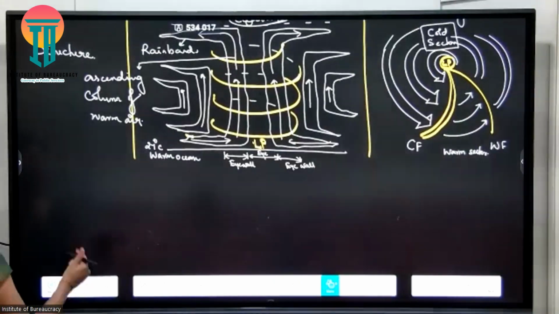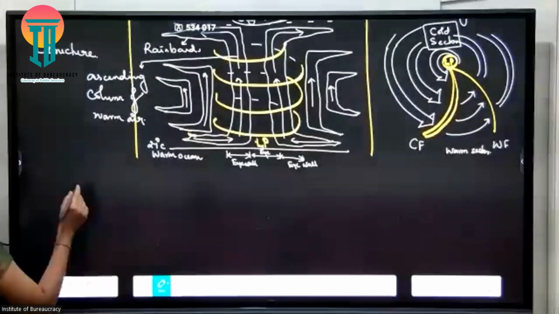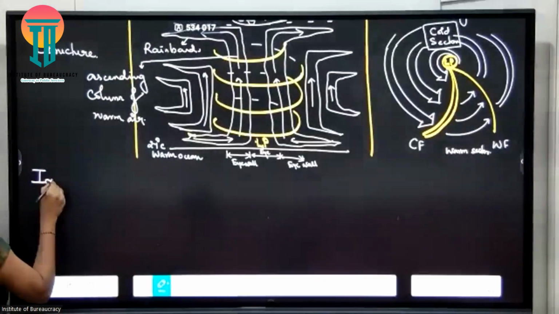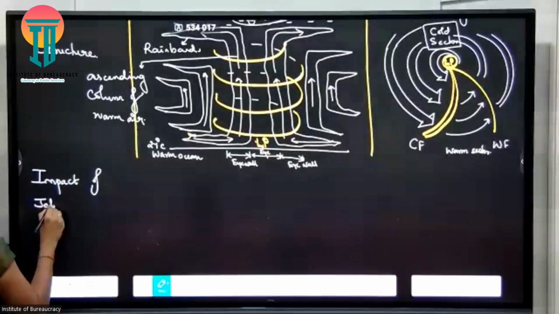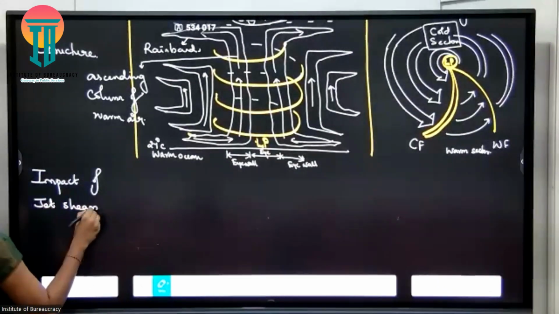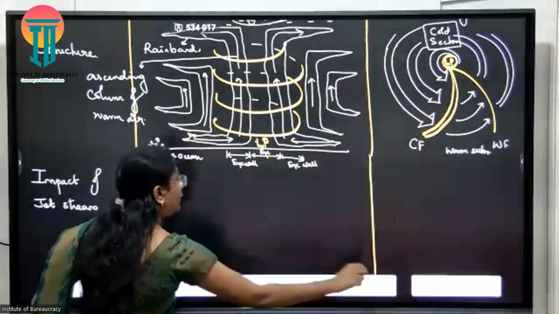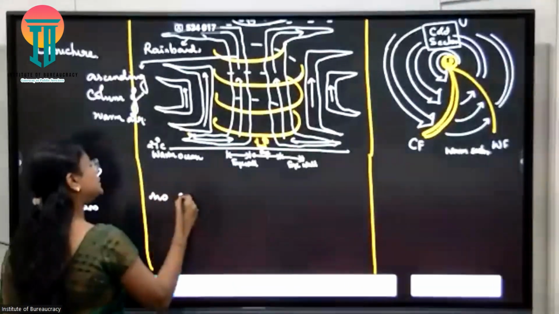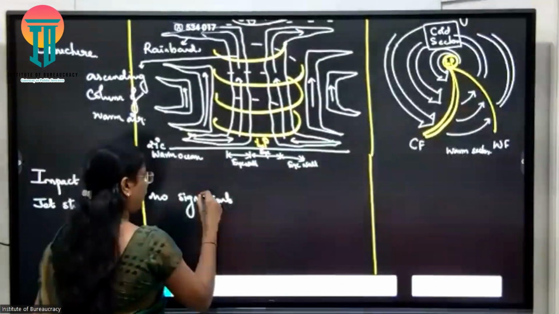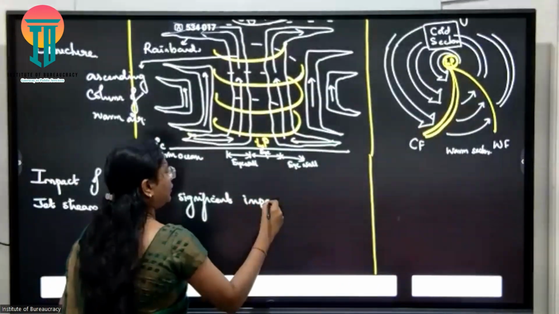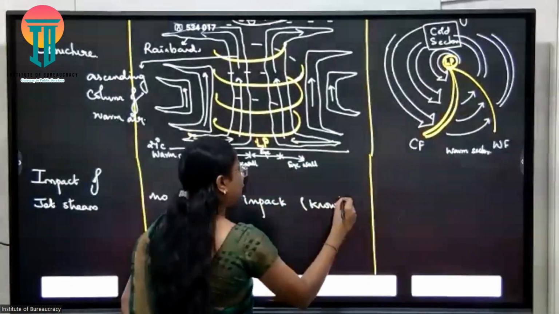Yes, impact of jet stream. We have written about jet streams or winds earlier. So impact of jet stream. In case of tropical cyclone, there is no significant impact known.